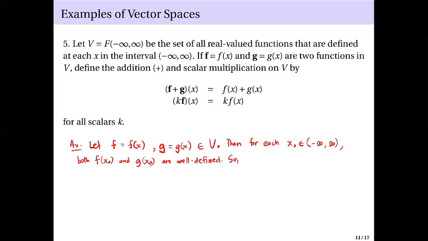So you have your f plus g, and you are evaluating at x sub 0. This is just f of x sub 0 plus g of x sub 0. And this is a real number, meaning well-defined.